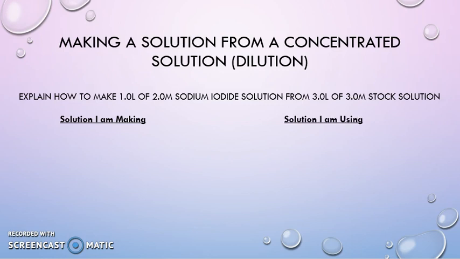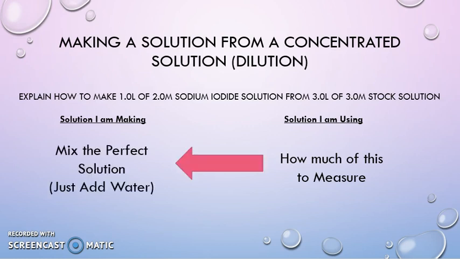What you're really after is you need to know what volume, how much of this big stock solution, the concentrated solution, you have to measure out to make the perfect solution, where all you have to do is just add water to whatever it is that you're measuring out.